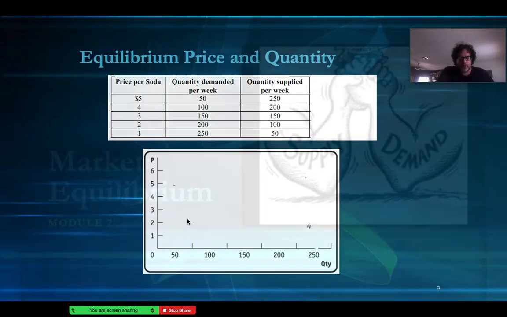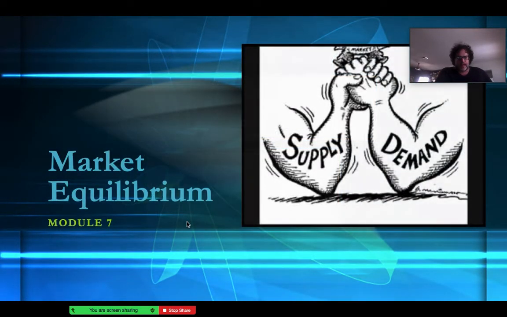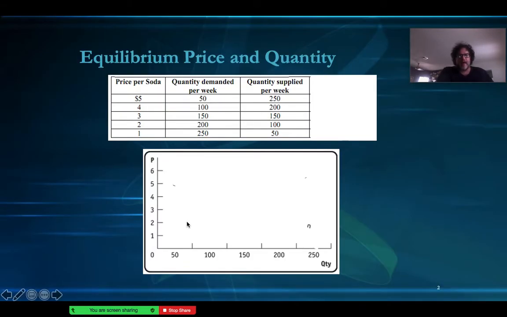Okay, so let's look at what this looks like here. All we're doing is combining a supply schedule and a demand schedule. So you can see on the left side, you have the demand schedule, and the supply schedule is on the right. So there's our demand curve, downward sloping, that illustrates the law of demand, right?